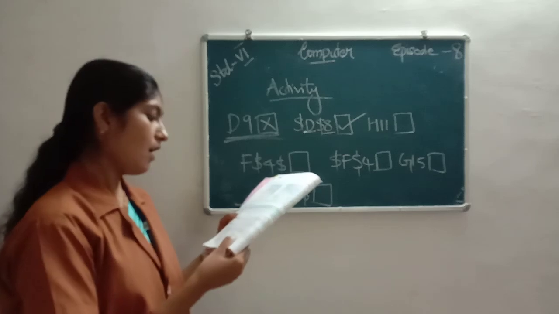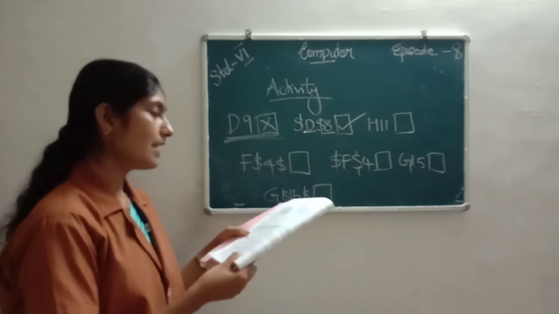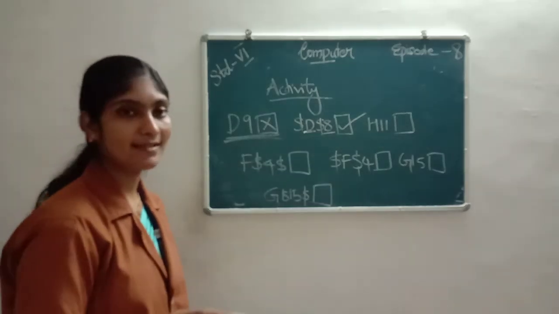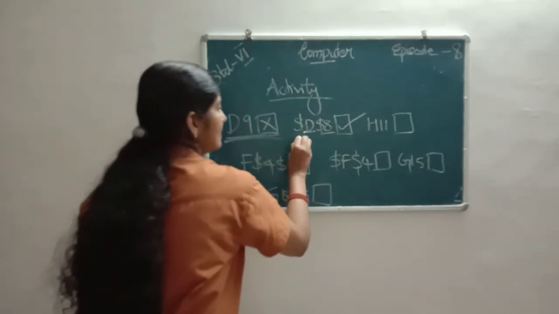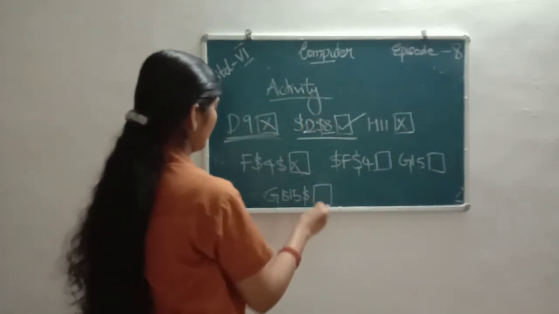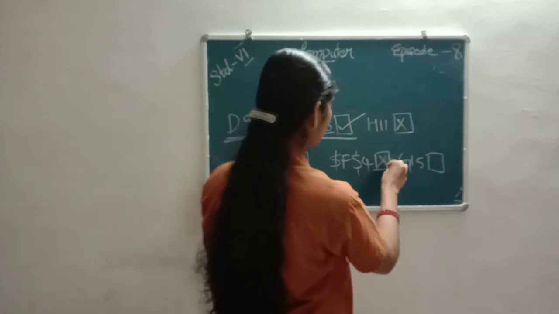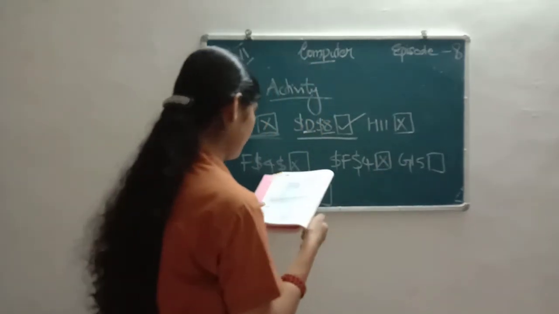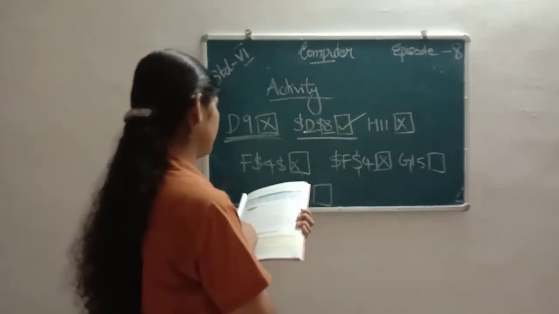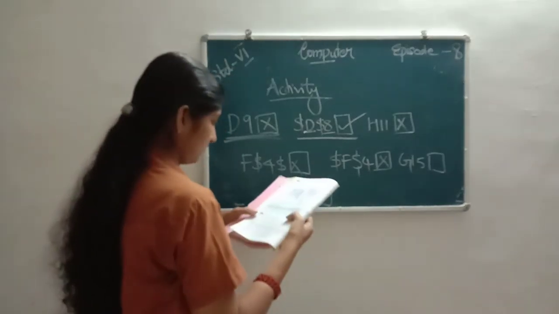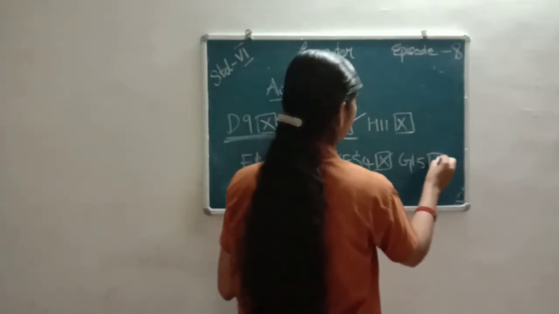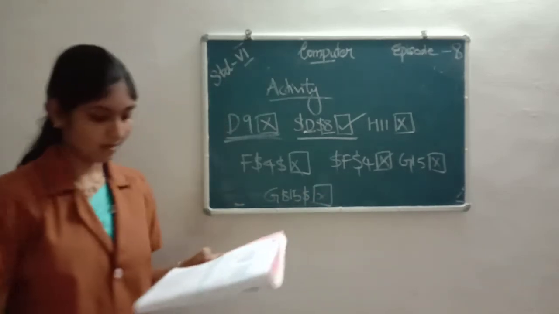So you can put the dollar symbol before the column or row so that the cell address is correct. So we can make this absolute. So this is correct and this is wrong and this is wrong and this is wrong.